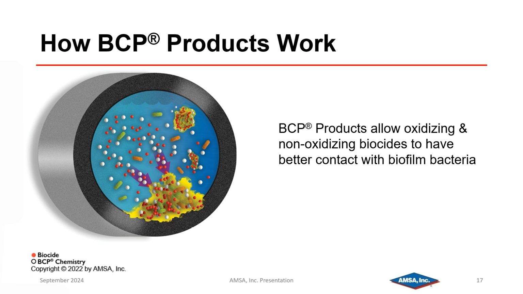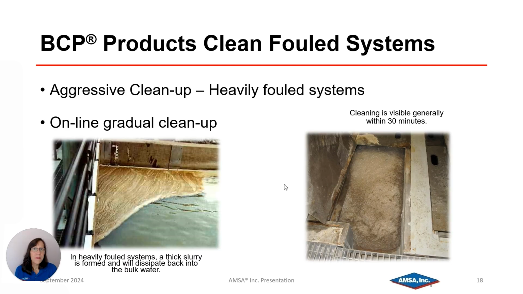So, in this way, a program that has both AMSA BCP chemistry and a biocide is a much better biofilm control program. AMSA BCP products are well known for their ability to clean fouled systems. The pictures on this slide show how, after dosing AMSA products into a cooling water system, usually within 30 minutes, you will see a slurry carrying up entrained biofilm deposits, organic deposits, inorganic deposits, corrosion materials, whatever was entrained in those biofilm deposits.